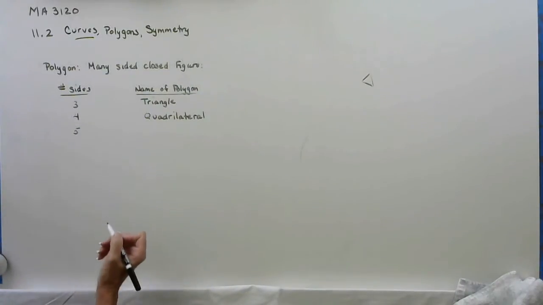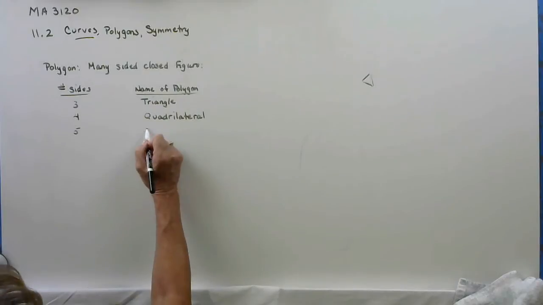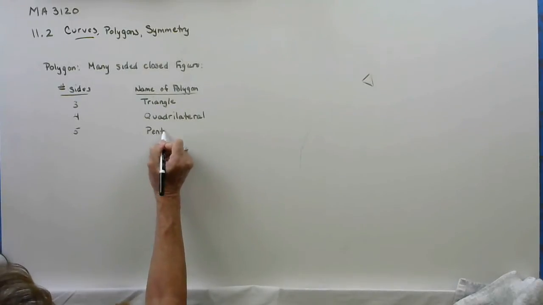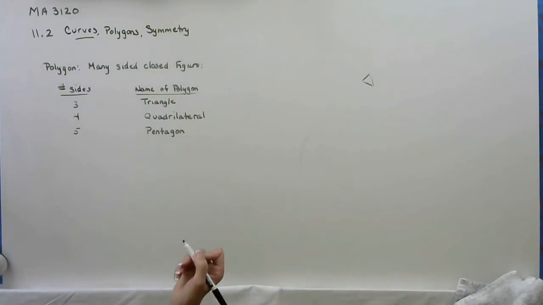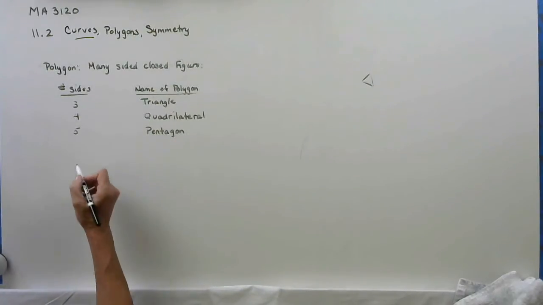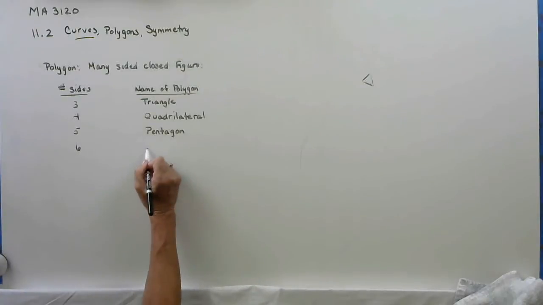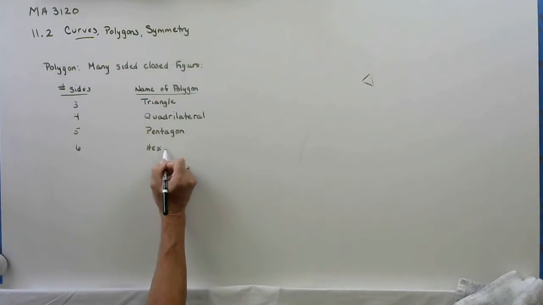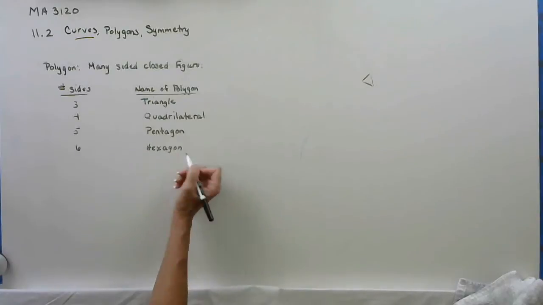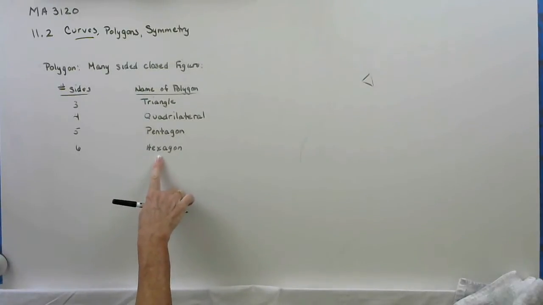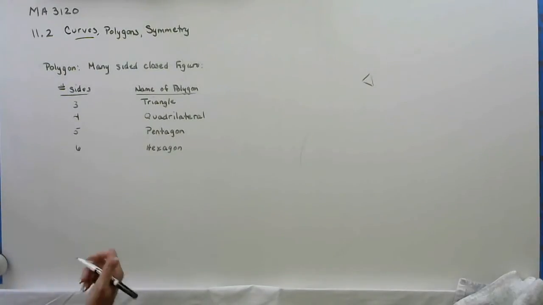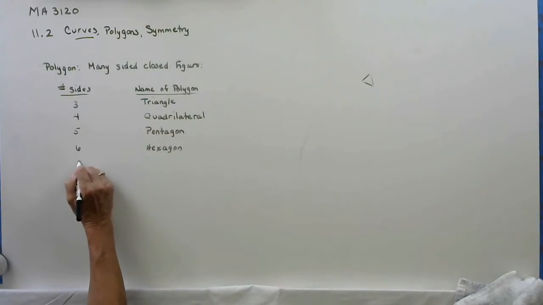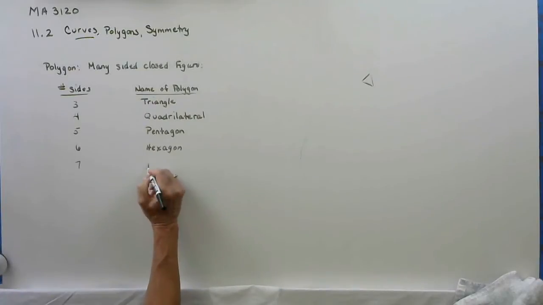Five sides, we have a building in Washington. Five sides, called a pentagon. Six sides is a hexagon. There's an X in hexagon, there's an X in six. Seven is what we call a heptagon.